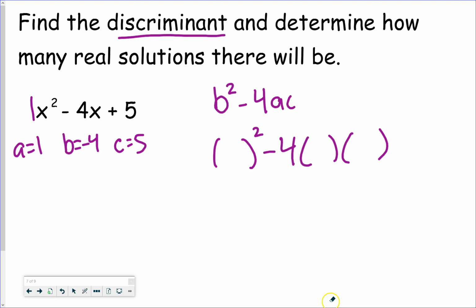All right, so b squared is now negative 4 squared. 4ac is now 4 times 1 times 5. What is negative 4 squared? 16. Yup. And then 4 times 1 times 5 is 20. What is 16 minus 20?